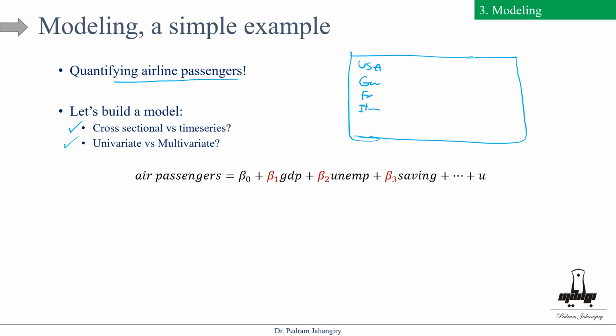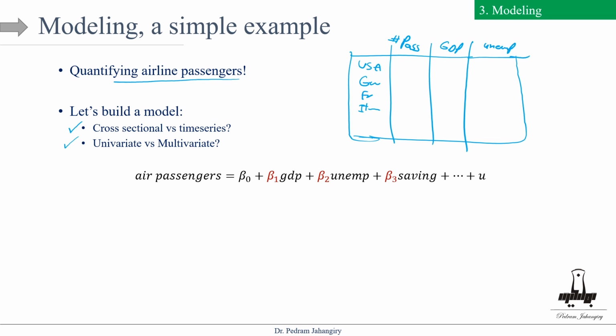And then for each of those countries you have passenger information: the number of passengers, the country GDP, and you have their unemployment, some macro variables, and so on, right?